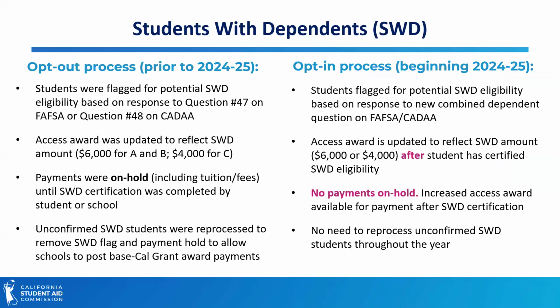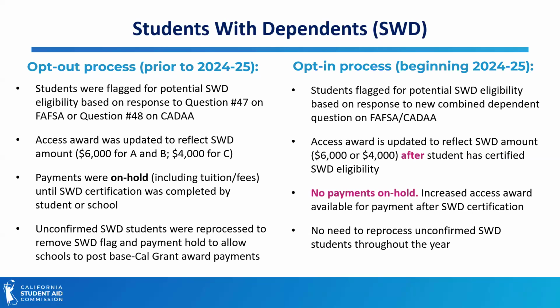Prior to 24-25, students were flagged for potential SWD eligibility based on their response to the questions on the FAFSA or the CADA about having a child or a legal dependent. We had increased their Access Award, or initiated an Access Award specifically for those Cal Grant A students, to reflect the SWD amounts.